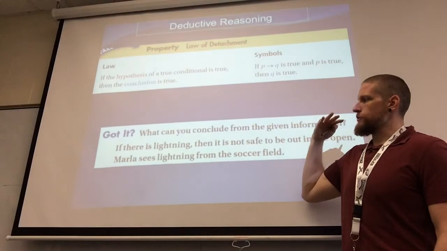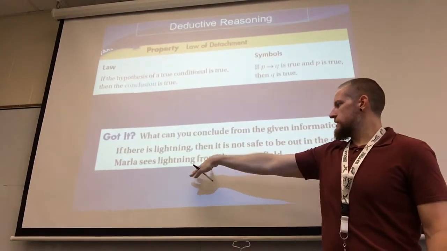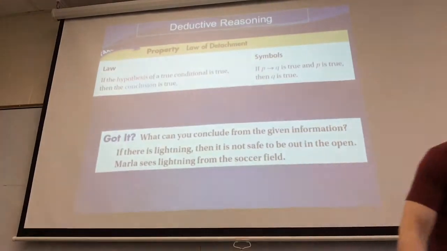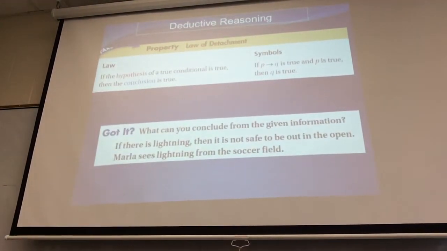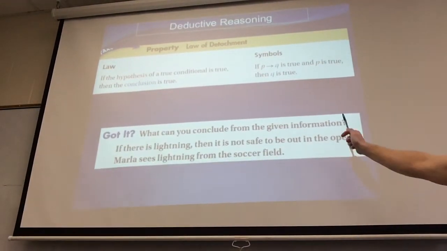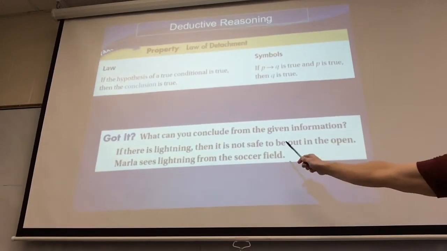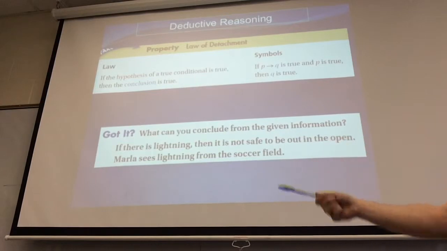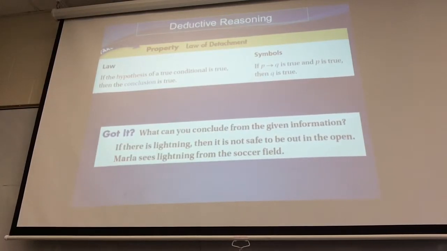All right, and then it turns around and says, all right, this person sees lightning. This is basically saying, look, I know that hypothesis happened. All right, and it's saying, look, since I know this is a true statement and I know this happened, what is the only possible conclusion that's going to come out from those two things?